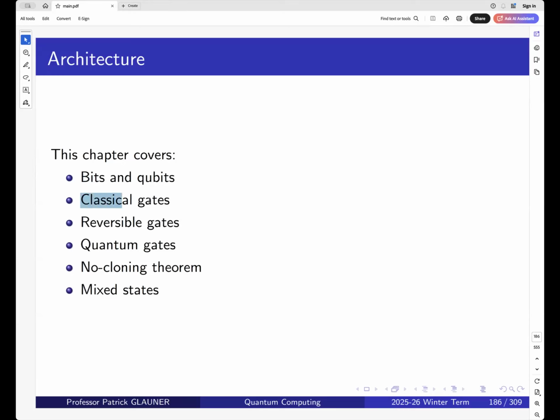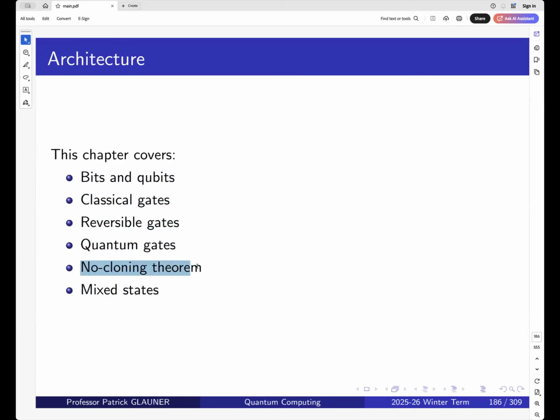We will see how we could describe classical gates, so AND, OR, NOT, using our vector matrix approach. We will see some gates are reversible while others are not. Quantum gates always need to be reversible. So we see next week how we can describe qubits and quantum gates and how to build quantum circuits.